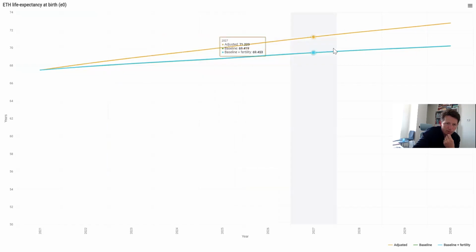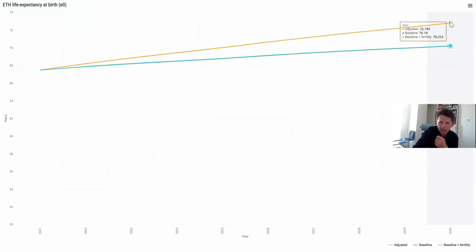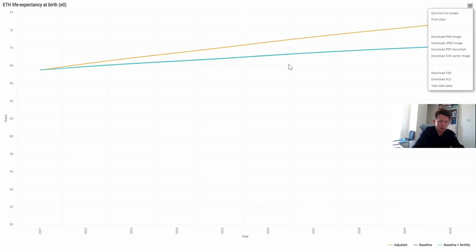But if you scale up interventions, you will have a life expectancy of 72.8 in 2030, and the UN Population Division estimate is 70.2. So you go from 67.5 to 72.8 in life expectancy in Ethiopia if you can achieve the targets you have now set in your benefit package.